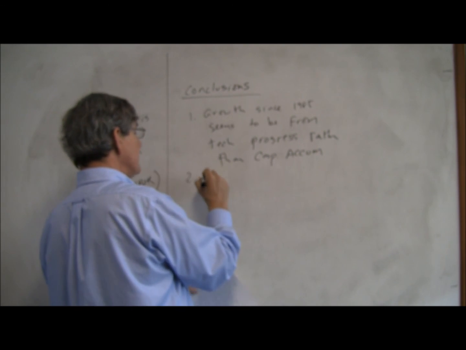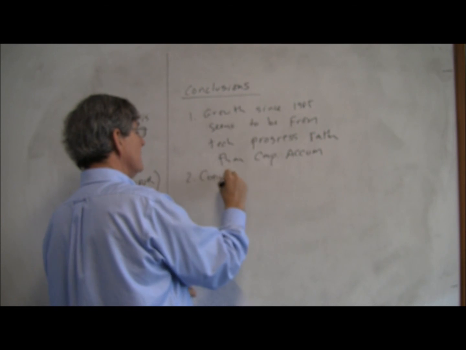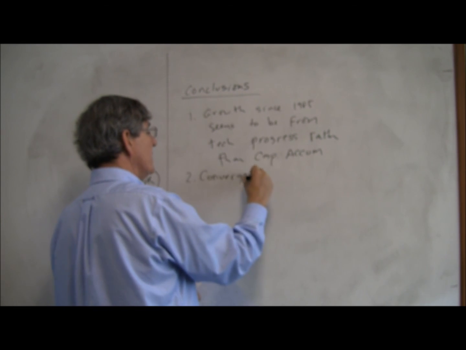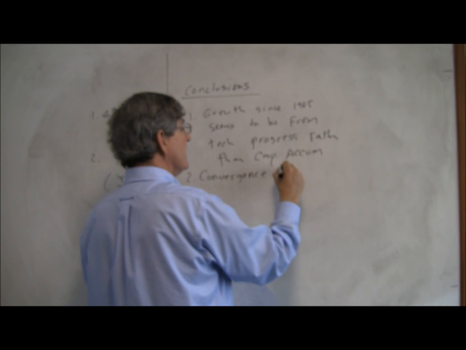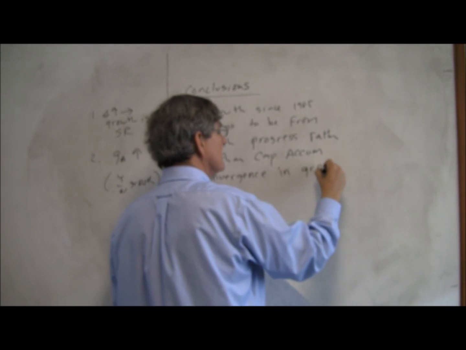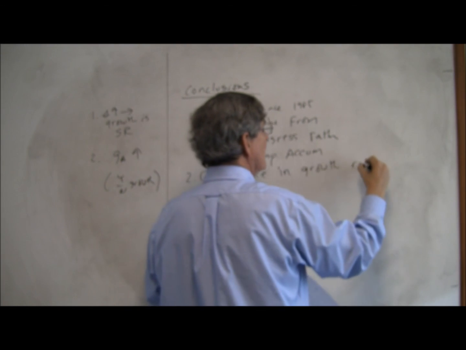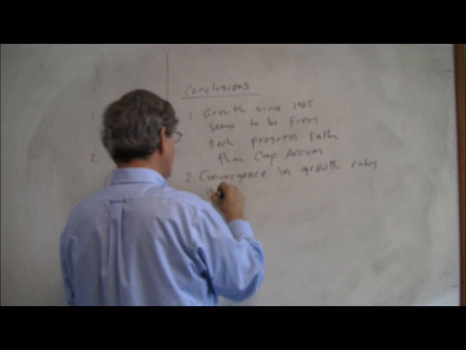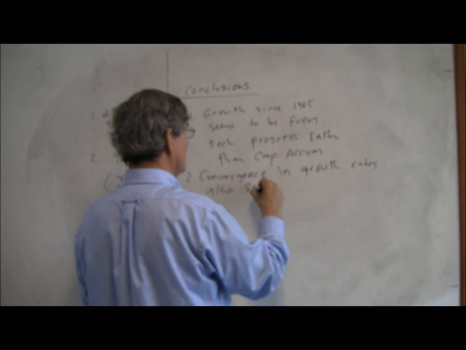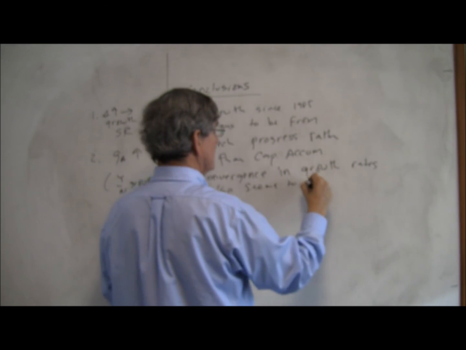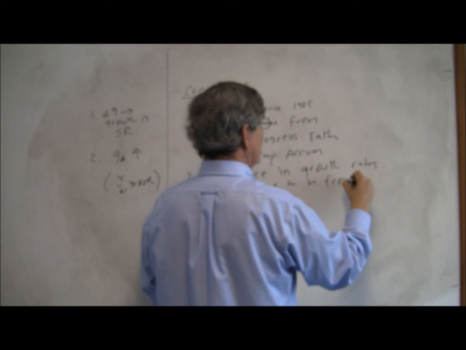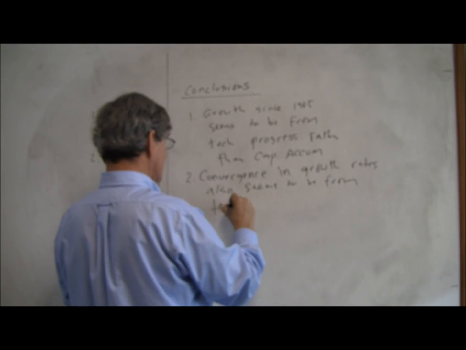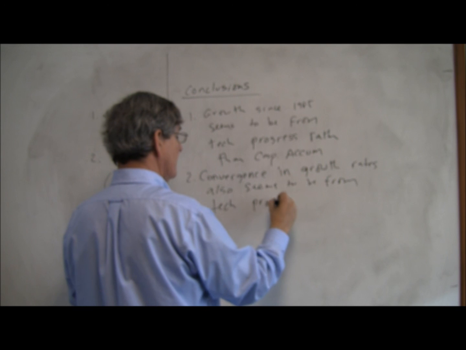And we talked about there's been convergence in growth rates. When we looked at the facts of growth, we know that there was convergence. Convergence in growth rates also appears to be from technological progress, not capital accumulation.